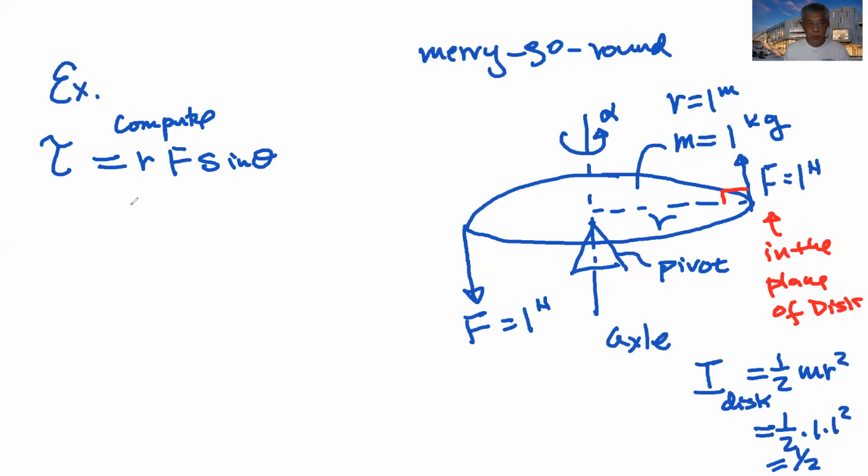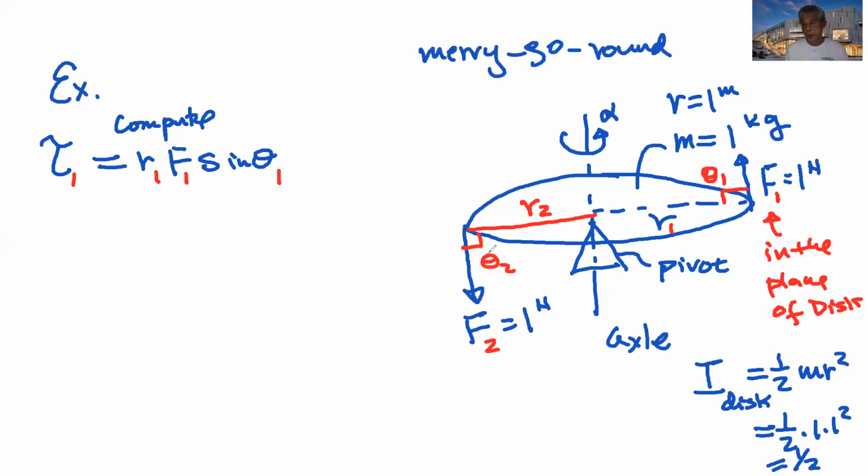So we're going to call this one 1, but they are the same, and this one 2. Then you have tau 1, which is F1, and you have R1 and R2. The R2 is the same as R1 here. We're going to call the angle theta 1, between R and F. This is theta 1 right there, and this is theta 2 right there.